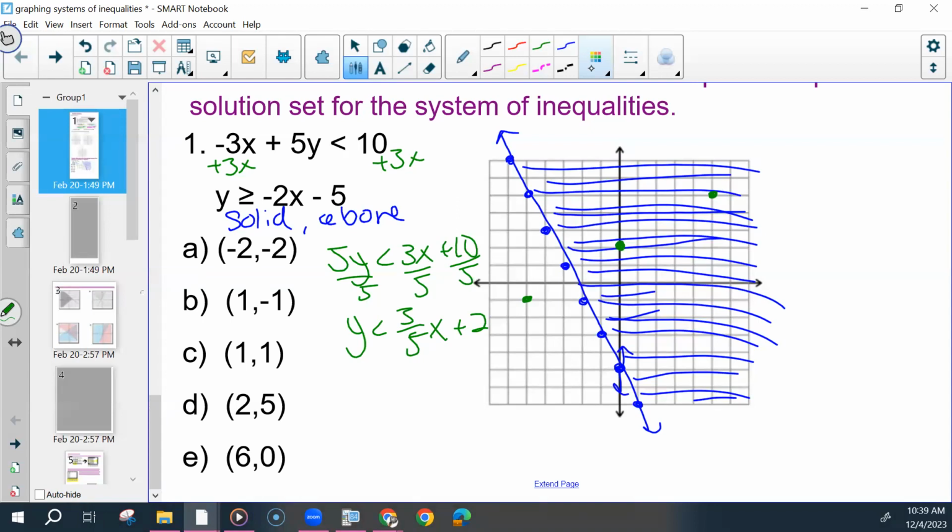Dashed. So to the best of your ability, draw dashes in between the points that you've made with arrows, and this is less than, would it be shaded below or above? Below. So from your y-intercept, below would be everything underneath.